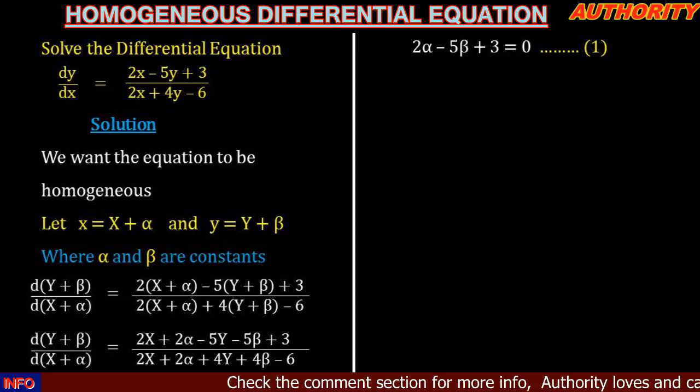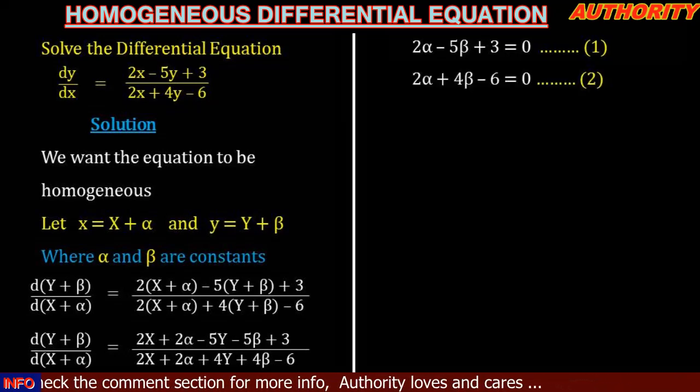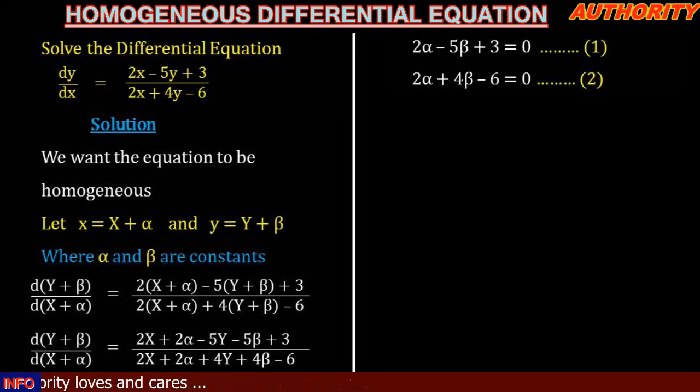And in our denominator, the constants are 2 alpha plus 4 beta minus 6. Using these two equations, we want to find the values of alpha and beta, so we equate them equal to 0 and solve simultaneously.